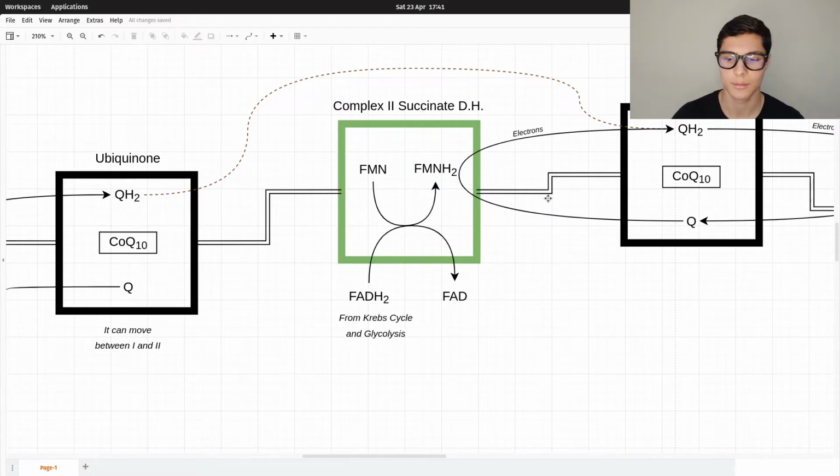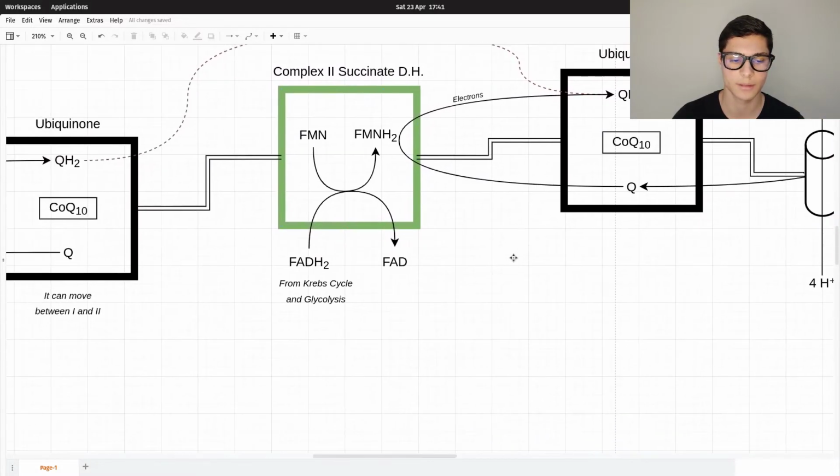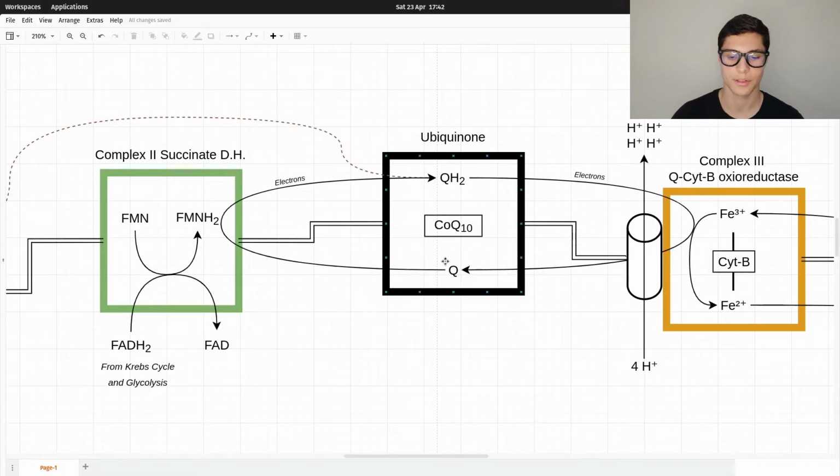Again, the ubiquinone here does the exact same thing. In fact, these two are the same. So here again, the coenzyme Q gets those electrons from the reduced flavin mononucleotide, and QH2 is created, the reduced form of the coenzyme Q.